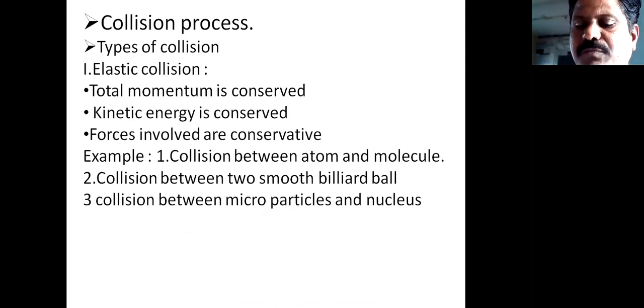A collision is said to take place when two particles interact with each other, and there is a change in kinetic energy as well as the momentum of those two particles. Here we have two types of collision process.